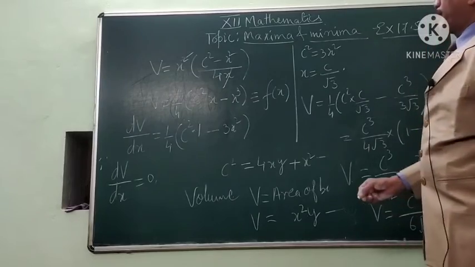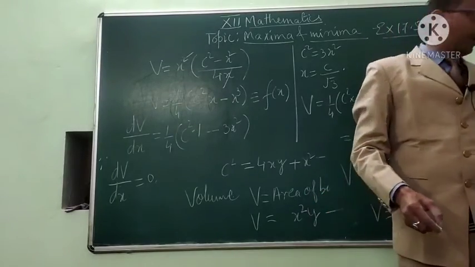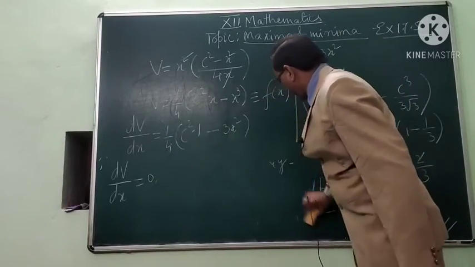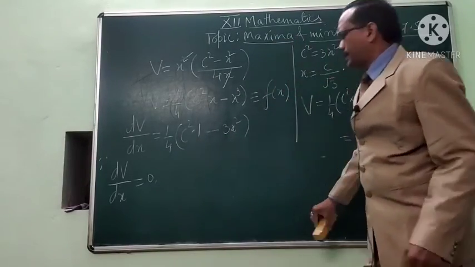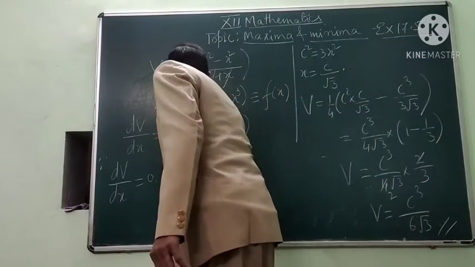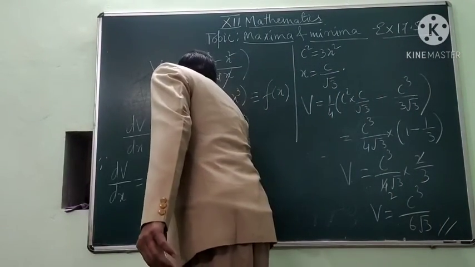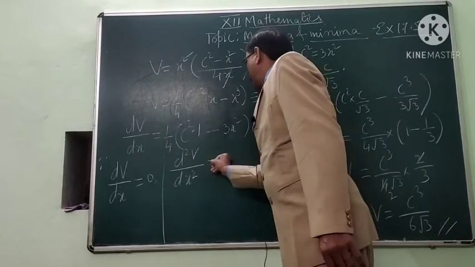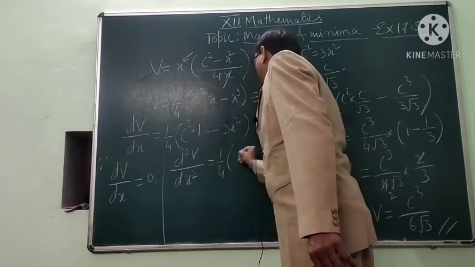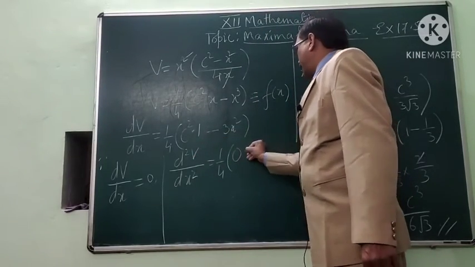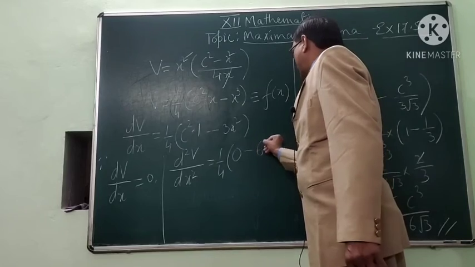Student, we will prove the volume is maximum also. It is very simple. We will differentiate the first order derivative. So d2V over dx square. Here 1 upon 4 constant. Derivative of c square is 0, because it is a constant given quantity, and it is 6x.